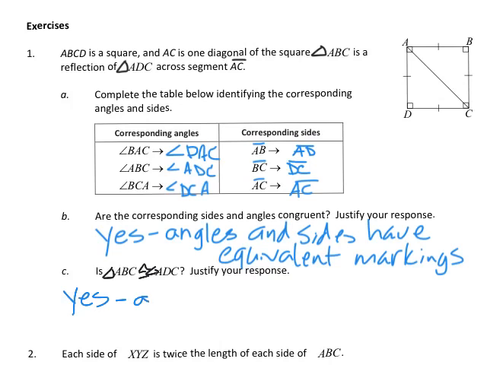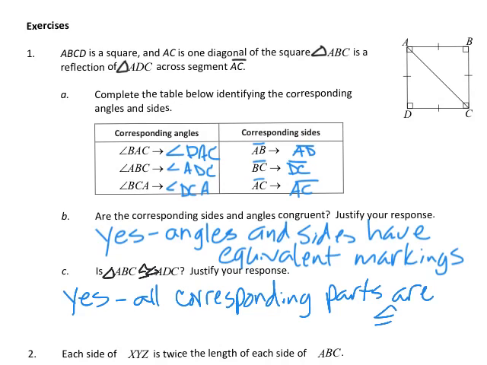So yes, all corresponding parts are congruent. Therefore, the entire thing is congruent. The two triangles are congruent because the first one underwent a reflection over line AC. Reflections are rigid motions, therefore the two triangles are congruent.